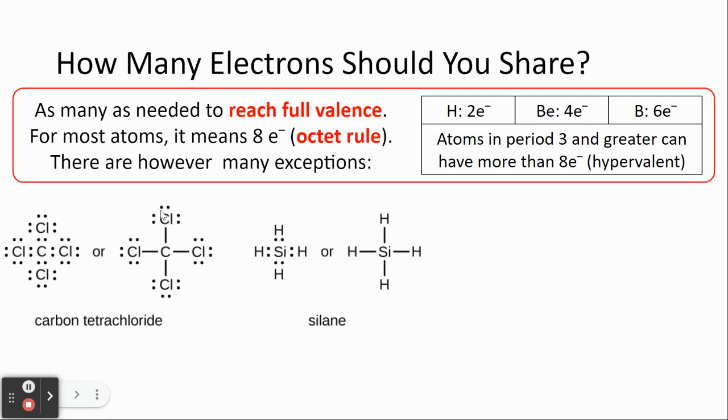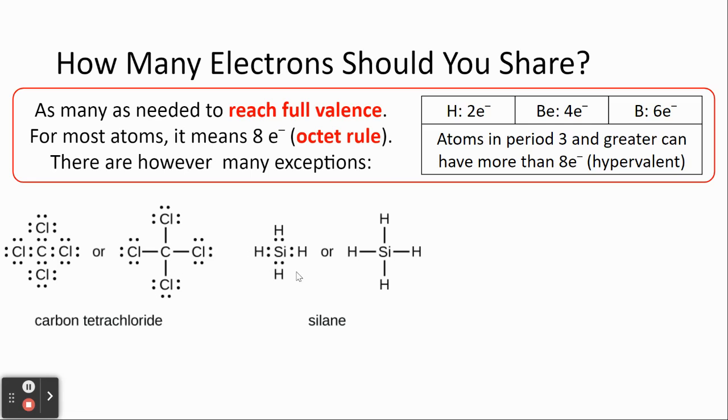This chlorine has 2, 4, 6, 8. And if we look at carbon, it also has 2, 4, 6, 8. So this Lewis structure shows all 32 valence electrons arranged in such a way that all of the atoms in that structure have fulfilled their octet.